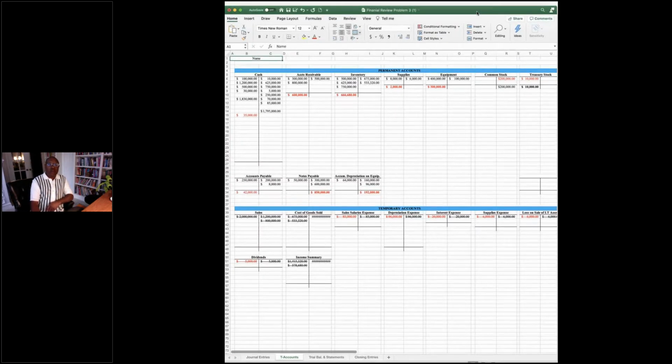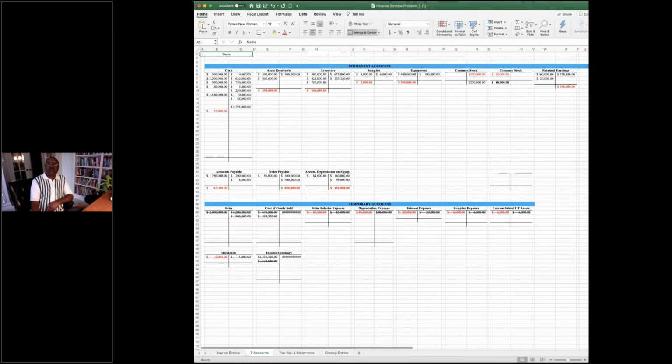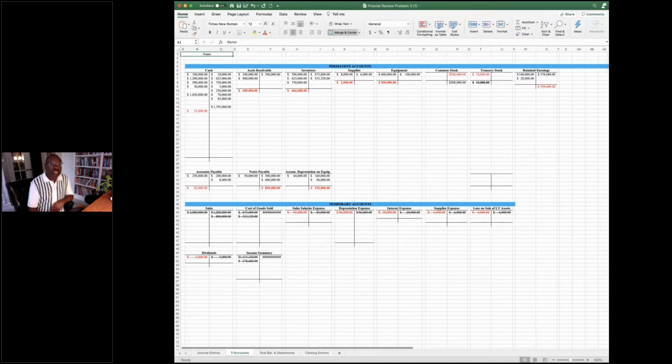Okay, so here we have the T accounts. And these beginning balances should have been in a different color. So for cash, that beginning balance, let's just see if we can get it to go to yellow.